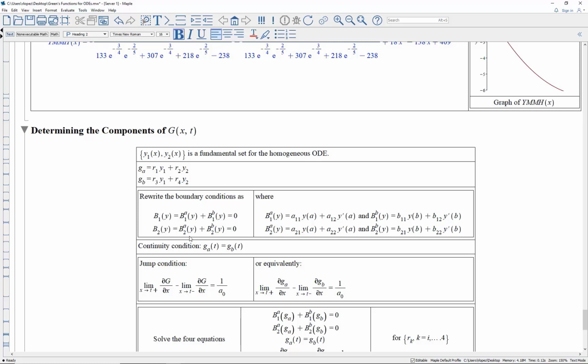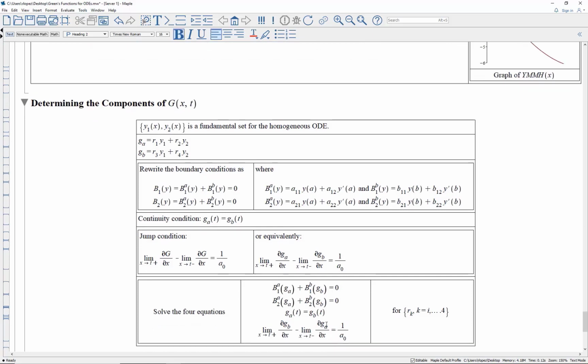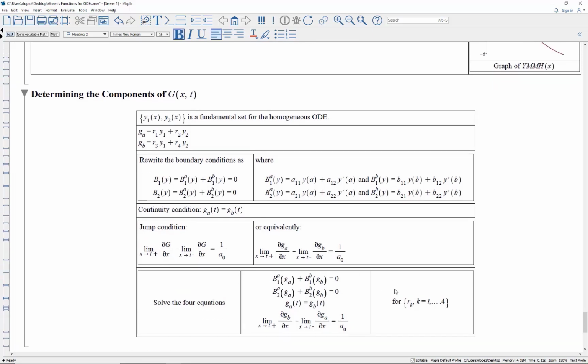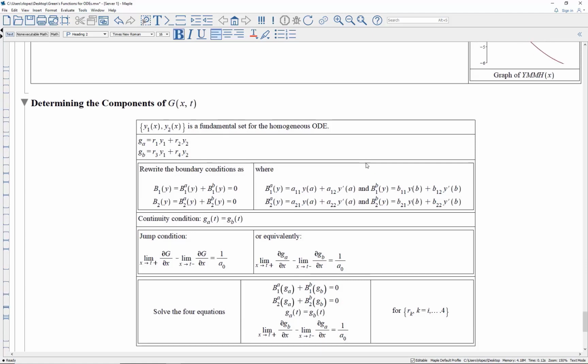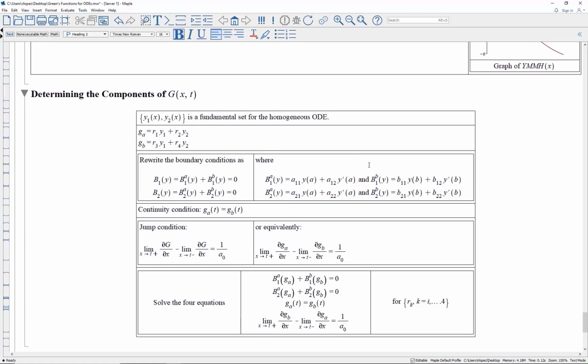And then this piece of the boundary condition is applied to GA, and this piece is applied to GB. This is the continuity condition. This is the jump condition. 4 equations, 4 unknowns. The 4 unknowns are R1, R2, R3, R4. Obtain the solution to those 4 equations, and you can construct GA and GB, and therefore you can construct the Green's function.